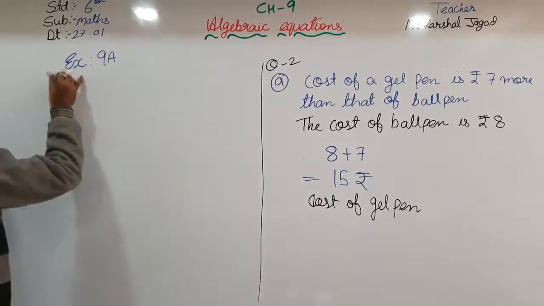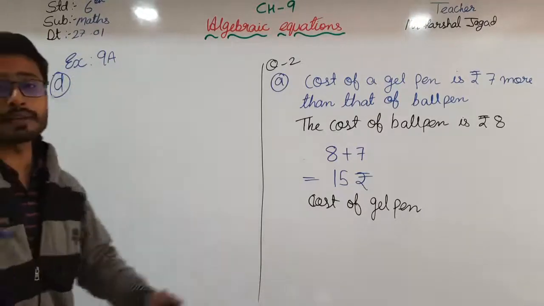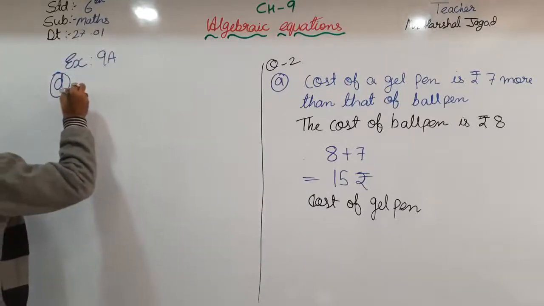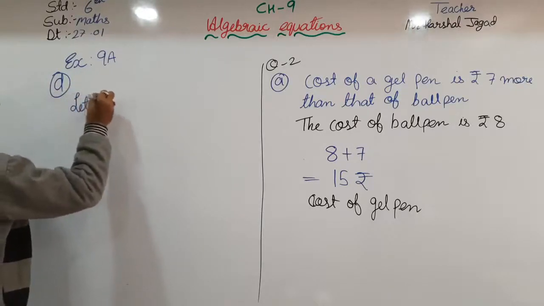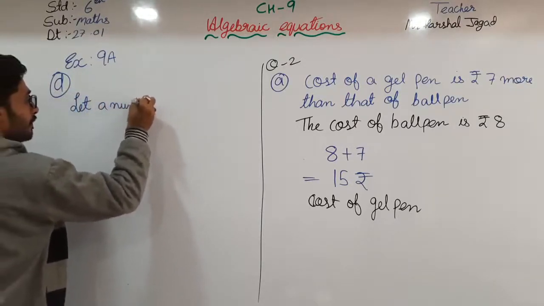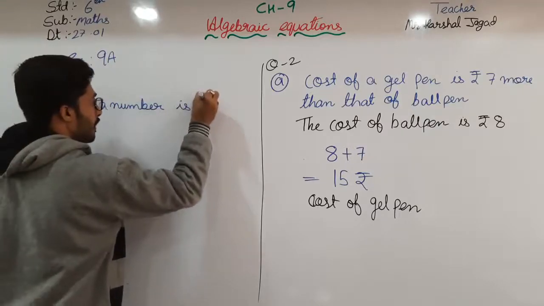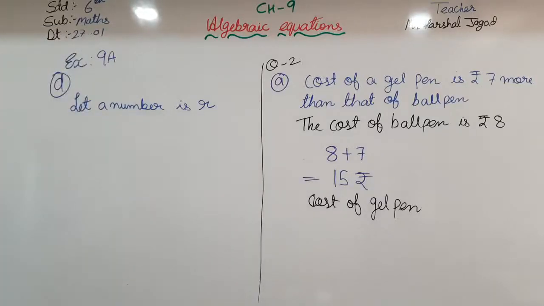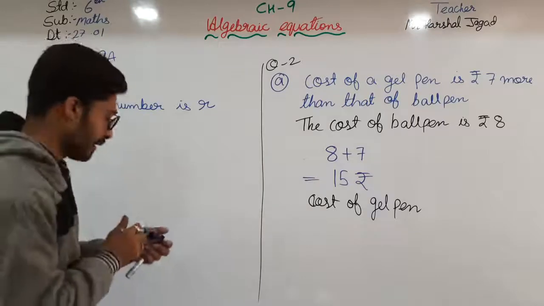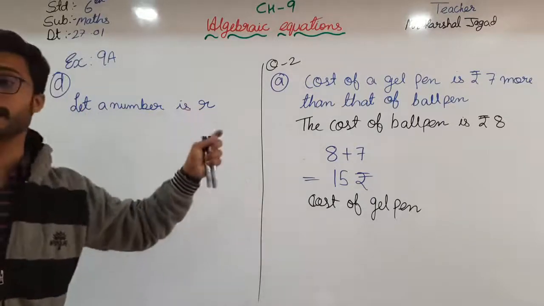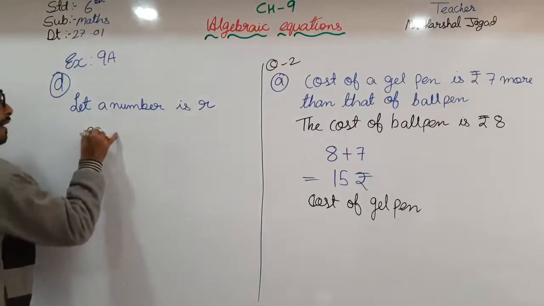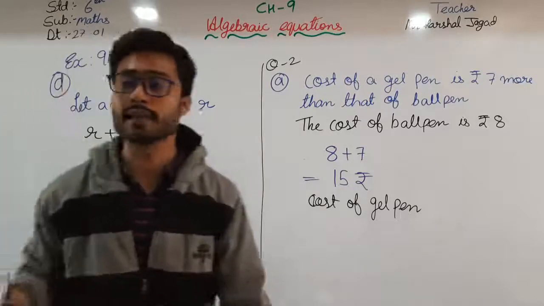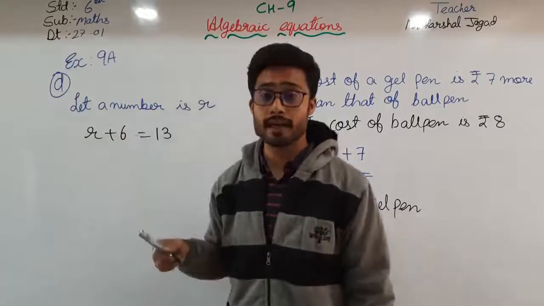In the D, 6 more than a number R means they have said that a number there is R. Let a number be R. Then 6 more than number R is 13. So here R plus 6 is equal to 13, and we have to find out what is the value of R.